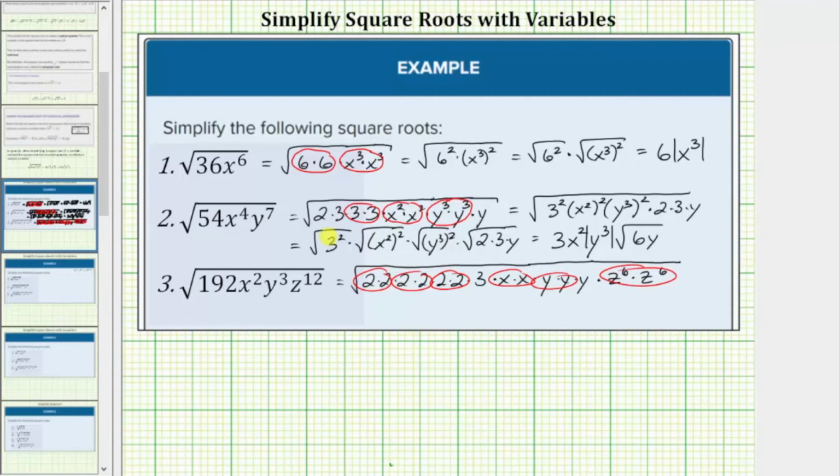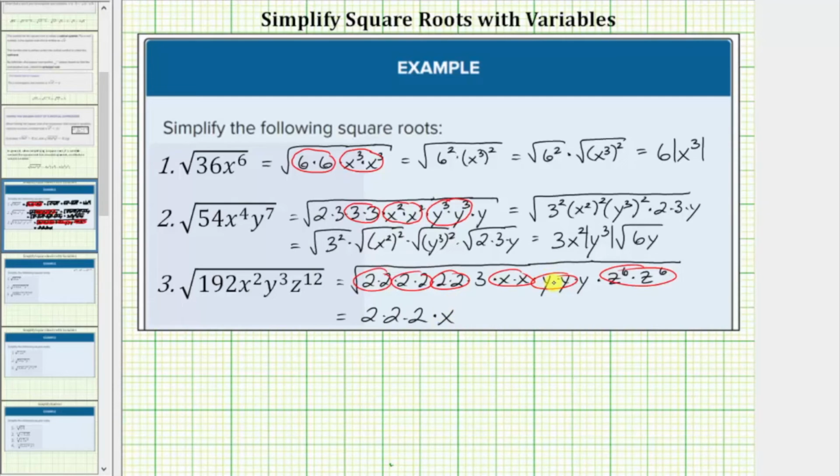For this example, let's skip the extra steps and go straight to the simplified square root. Everything we have circled represents a perfect square factor and will simplify to one of the two equal factors. So the square root of 2 times 2 simplifies to one factor of 2 here, here, and here. The square root of x times x simplifies to one factor of x.